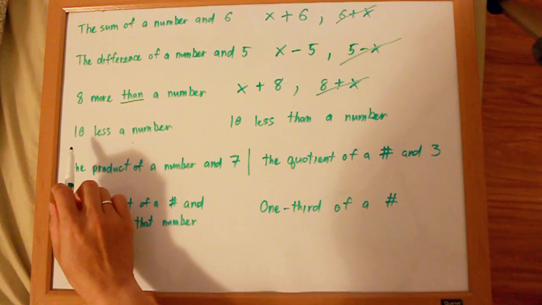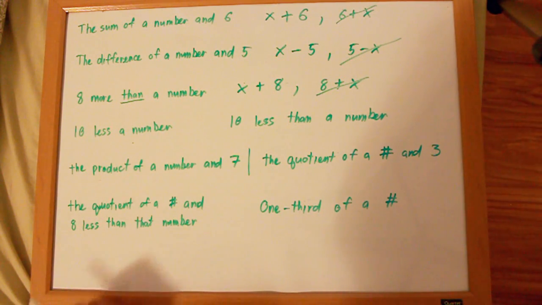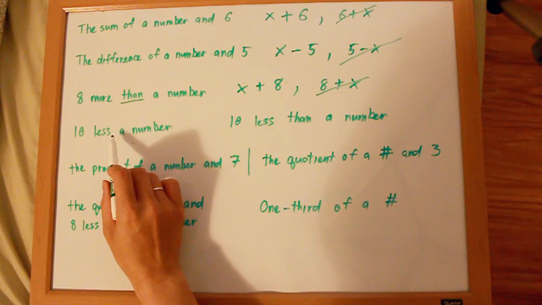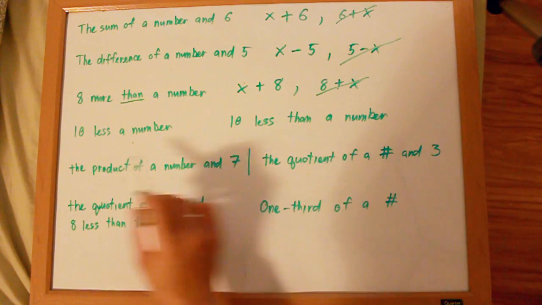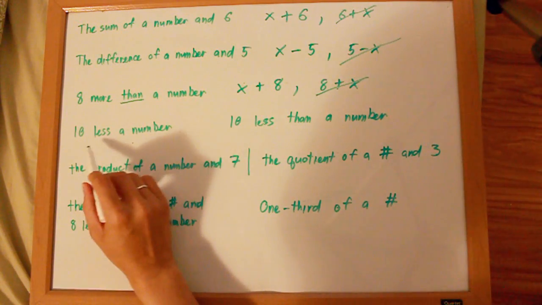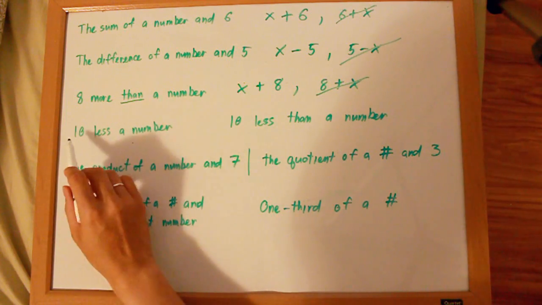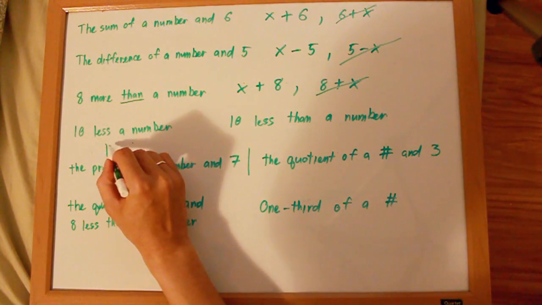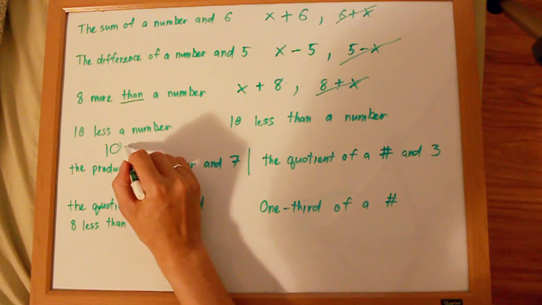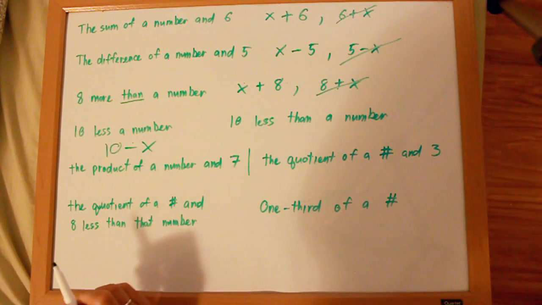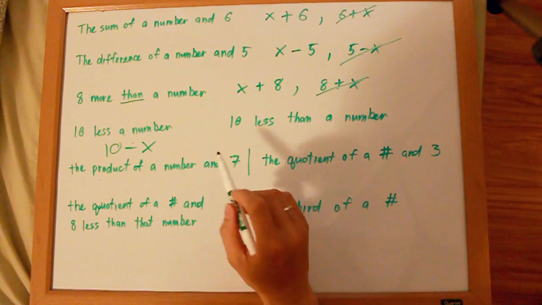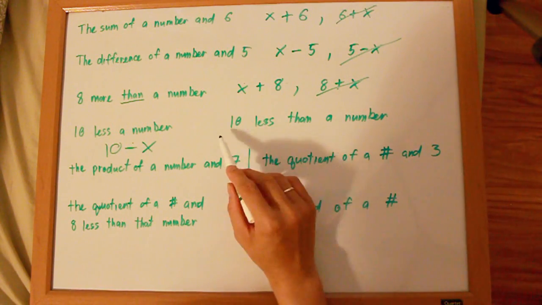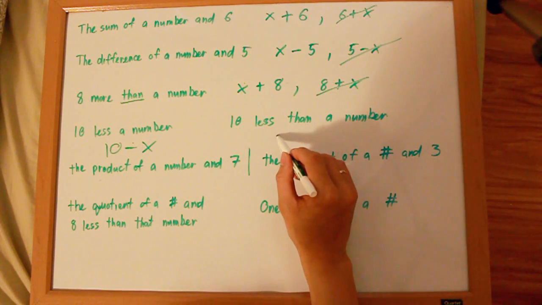Next one, 10 less a number. Notice there's no than here, and there's a than here. So what it is saying is you just follow the order. 10 less a number means subtraction. Now this one is obviously the opposite, 10 less than a number.